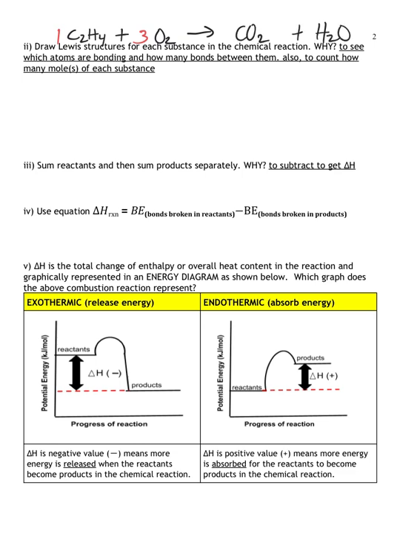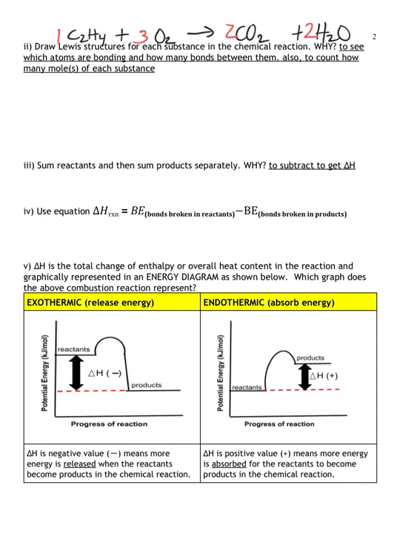And let's put the coefficients in. They were 2 and 2. Okay, so let's go ahead and draw the Lewis structure for each of these. What does that mean? I'll draw the Lewis structure for C2H4. I'll also draw the Lewis structure for O2, but 3 of them. I'm going to make sure I stoichiometrically represent how many particles there are.